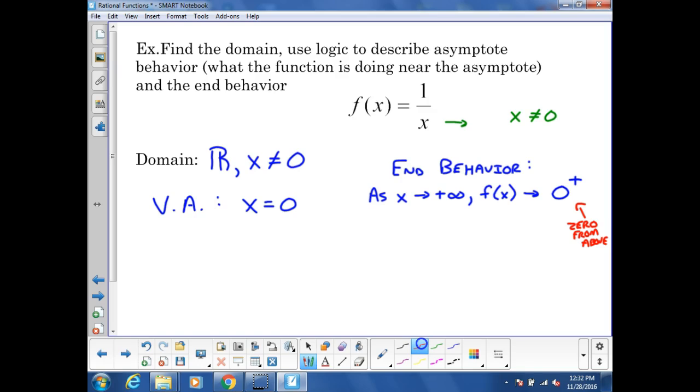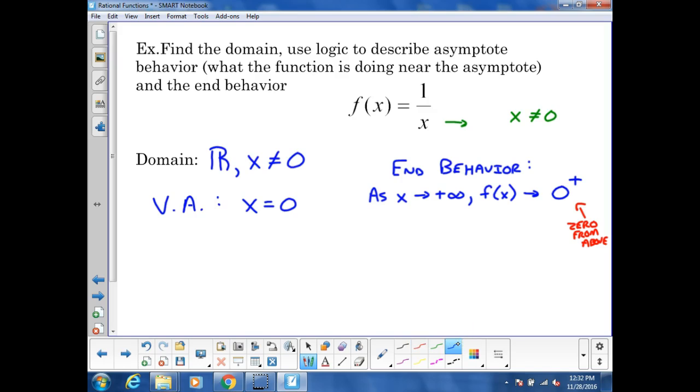And that's how we write it. It's going to be on the positive side because it's positive 1 divided by positive infinity. It's going to go to 0 from above. So my function is going to be above the x-axis, but right on it.